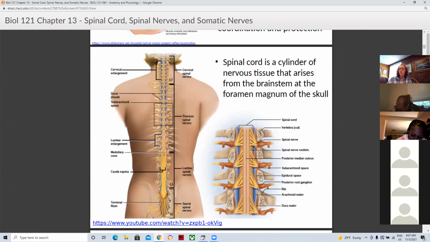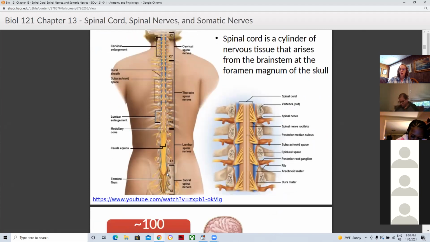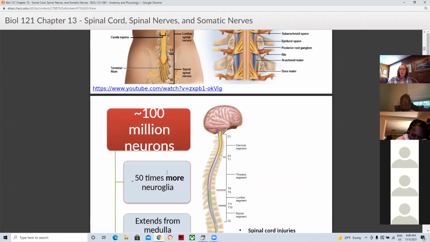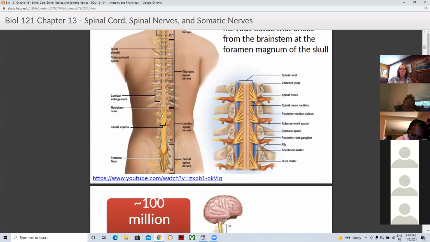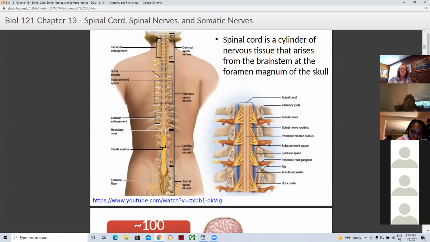So the spinal cord is a cylinder of nervous tissue that arises from the brainstem at the foramen magnum of the skull. It ends at about L1 of the lumbar vertebrae.